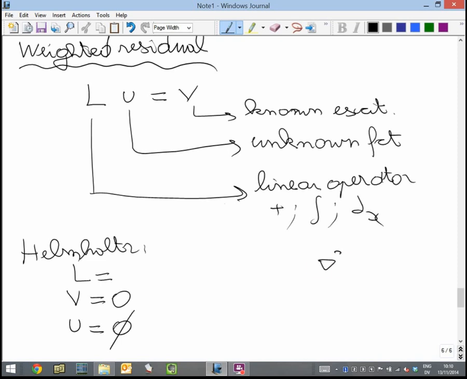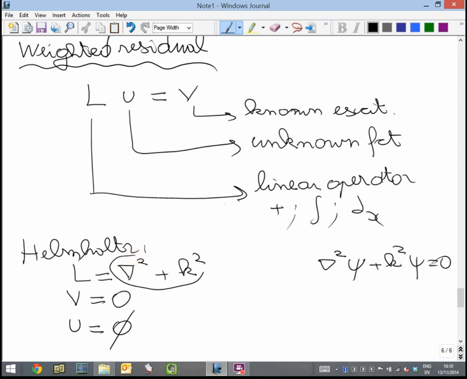So the Helmholtz equation is the Laplacian of psi plus k squared psi equal to 0. So our operator is equal to, this is a little bit more an abstract way of writing this down, but we can say that the operator of the Helmholtz equation is the Laplacian plus k squared.